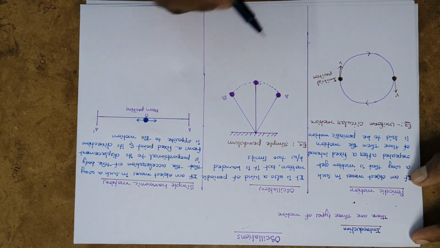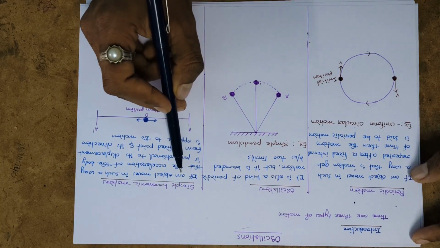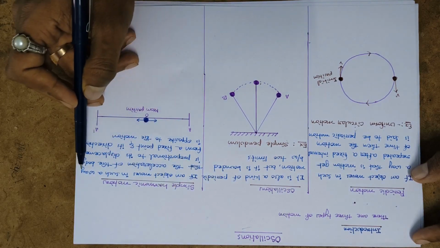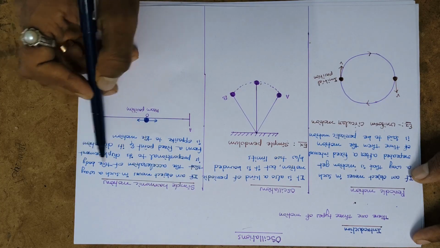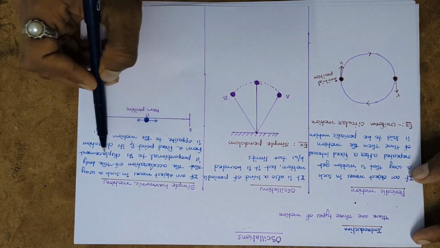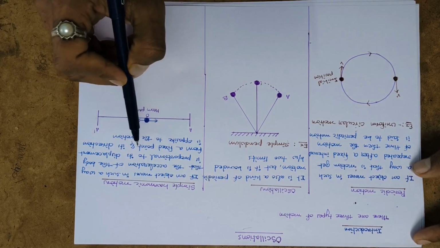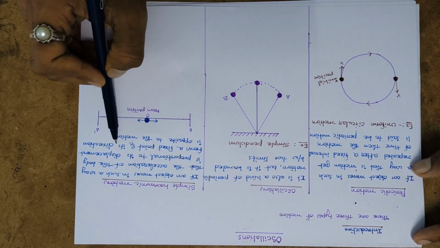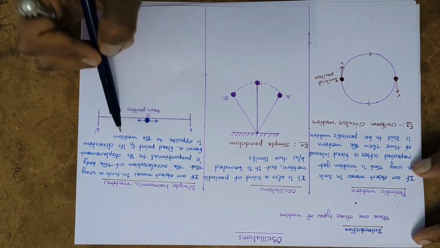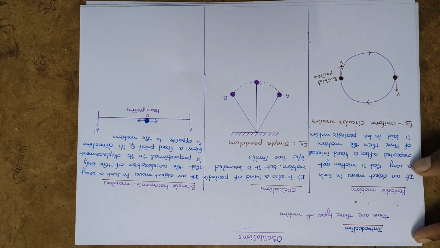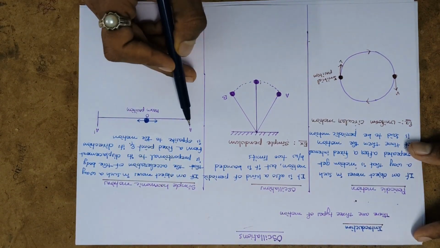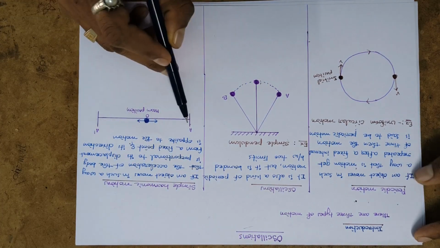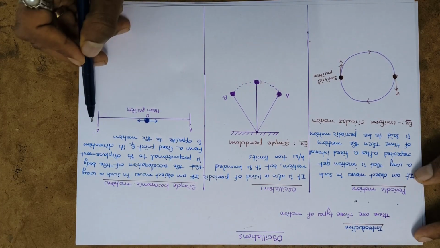Coming to the definition: if an object moves in such a way that the acceleration of the body is proportional to its displacement from a fixed point, and its direction is opposite to the displacement. So coming to the explanation, look at this diagram. Here A and A dash are called extreme positions or two limits.